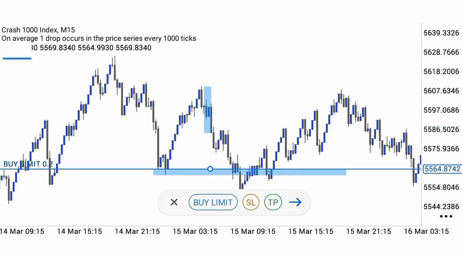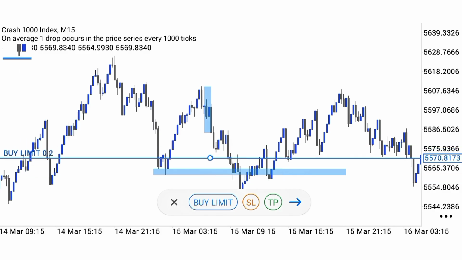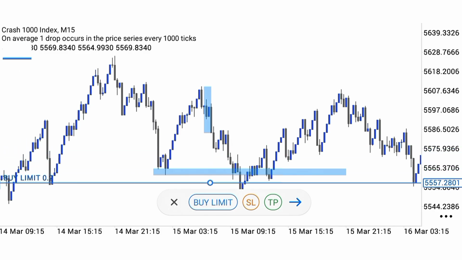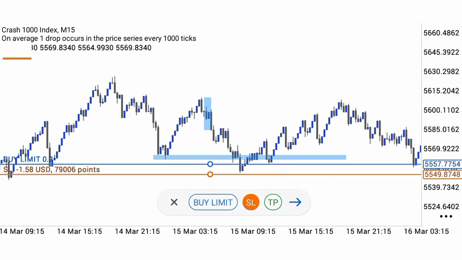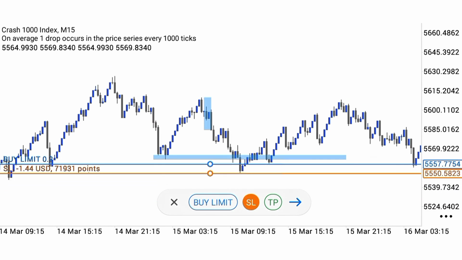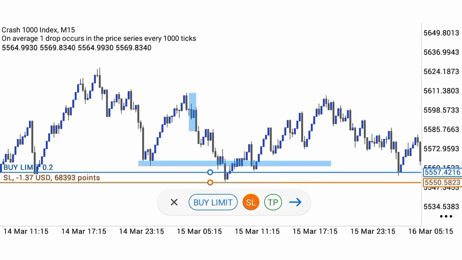The first way you do it is that you enter a trade after seeing this bullish candle here. Right now I'm using the lowest lot size here, which is 0.2.